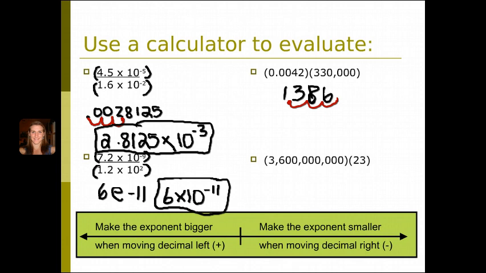So, I can rewrite this as 1.386 times 10. Since I moved my decimal to the left, I have a positive exponent, and I moved it 3 places. My final answer is this.